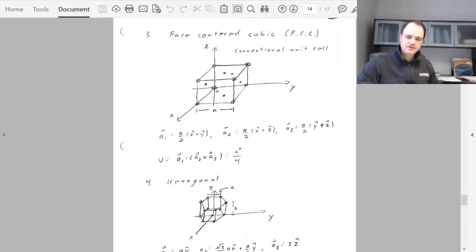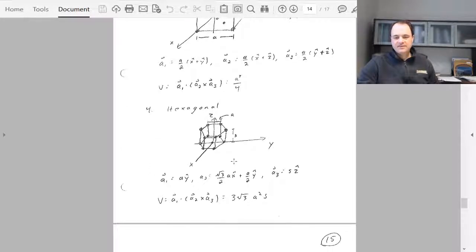So basically going from the scatter at the origin to one of the ones on the faces. If you work out the vector notation, the primitive translation vectors are given by this right here. And if you find the volume, doing the operation a1 dot a2 cross a3, you get this result right there.